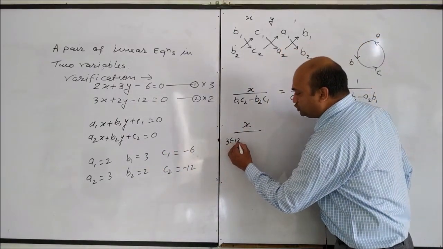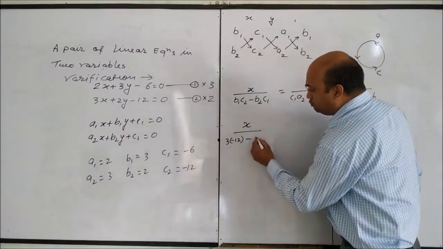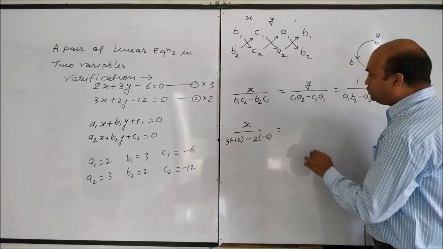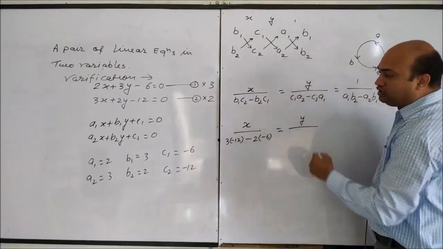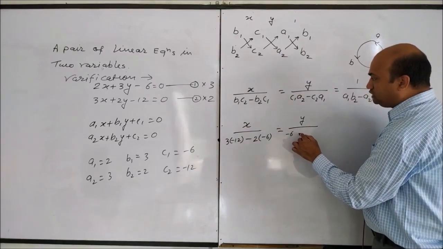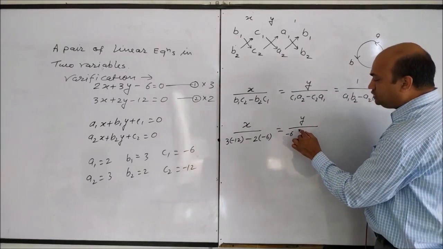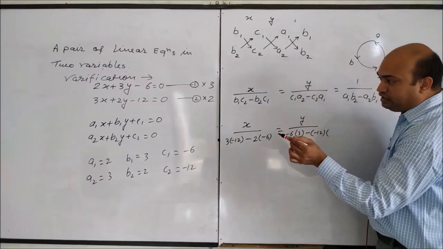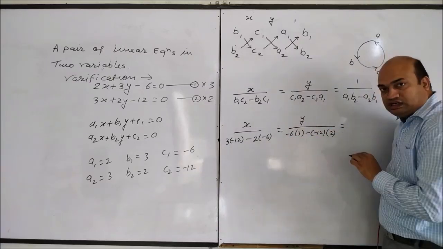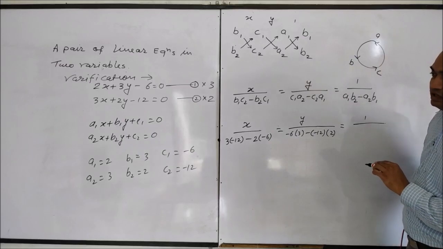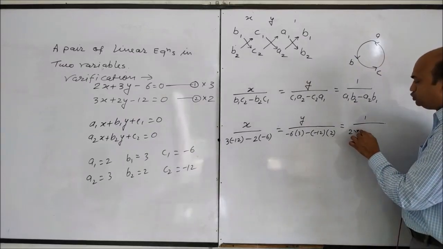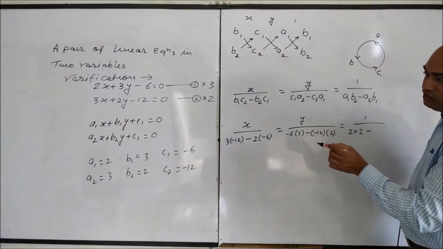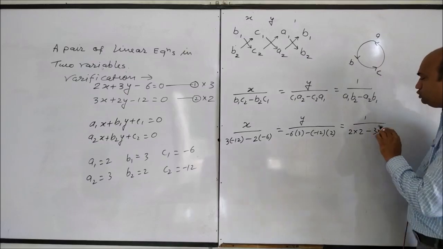It is 3 into minus 12, minus b2 c1. b2 is 2, c1 is minus 6, is equal to y upon c1 a2. c1 is minus 6 and a2 is 3, minus c2 a1. c2 is minus 12 and a1 is 2, is equal to 1 upon a1 b2. a1 is 2 and b2 is the same 2, minus a2 b1. a2 is 3 and b1 is also 3.